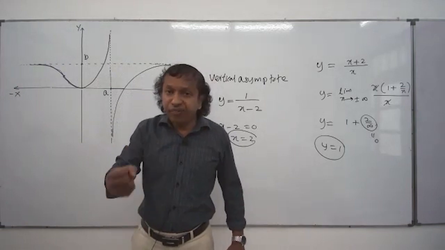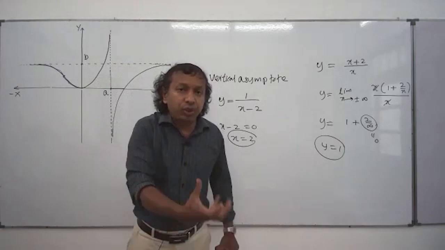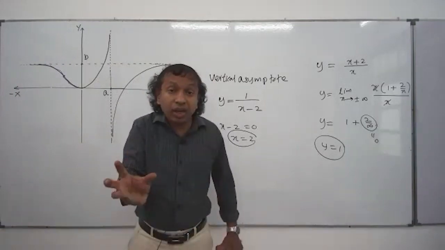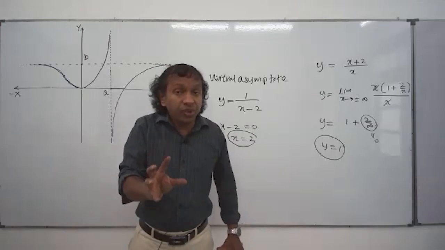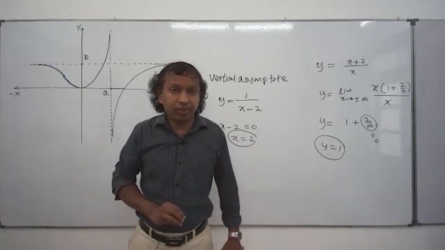Understand? How to find that? To find that, we have to take the second derivative and equate that second derivative to 0. Then we get the x value. At that x value, there can be a point of inflection. Though the second derivative is 0, that doesn't say we always have a point of inflection.